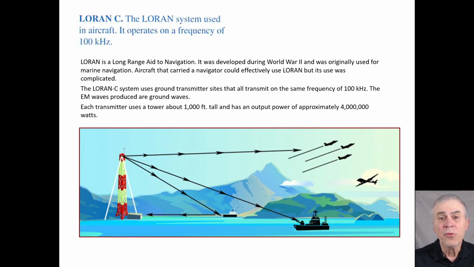An older system is LORAN. That stands for Long Range Aid to Navigation. It's ground-based, and it basically dates back to World War II. There's a signal that's sent out, so you're able to navigate mostly nautically. But you could see from the illustration the planes were using it also.